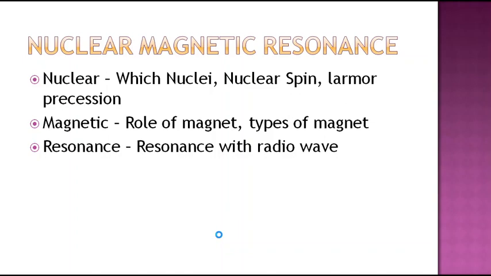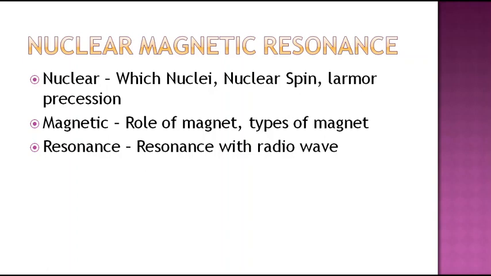It considers the nuclei. So far we have considered electronic excitation between different energy levels in UV and IR. All those things are electronic excitation. Here we are going to see the nuclei. But what kind of nuclei? We cannot record an NMR spectrum for all nuclei.